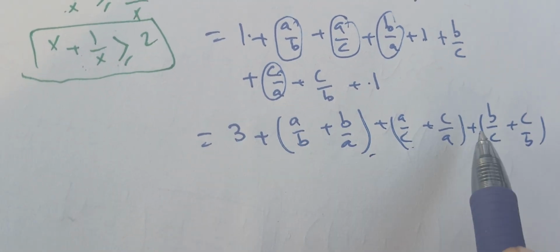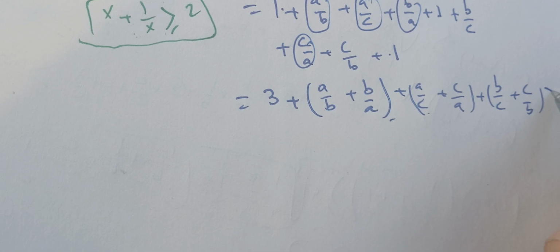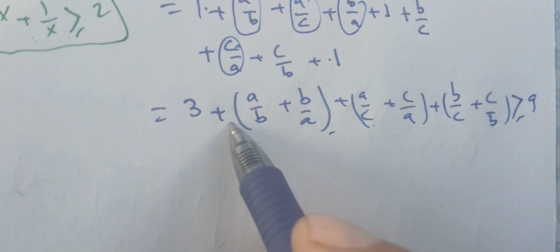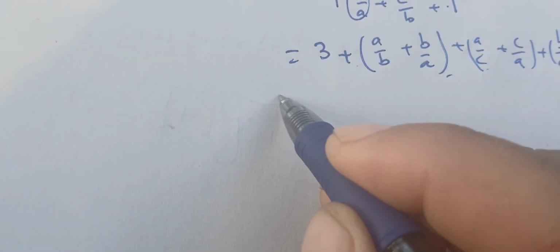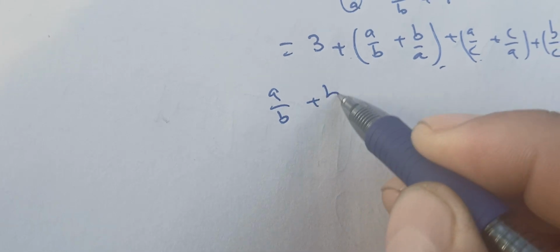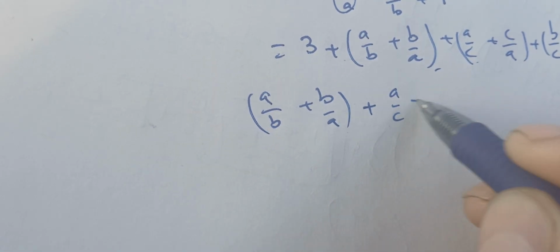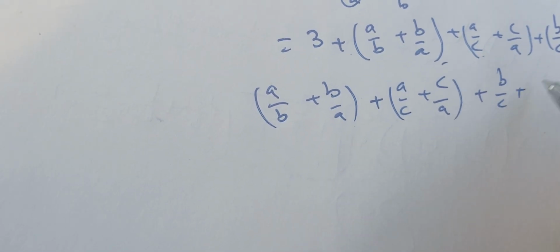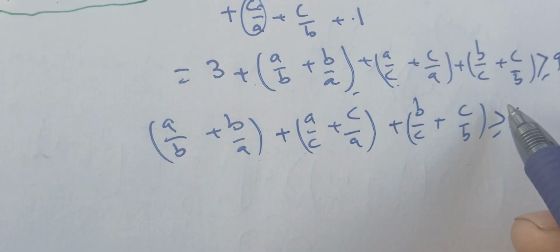So this is what we want to prove: that this is bigger than or equal to 9. If we subtract 3 from both sides, we have a/b + b/a + a/c + c/a + b/c + c/b bigger than or equal to 6. So we have to prove this one.